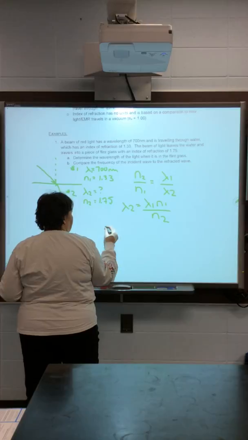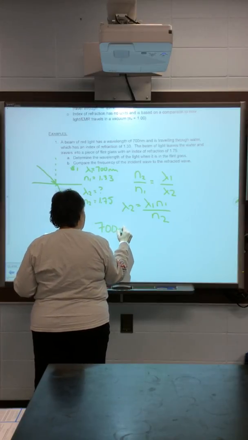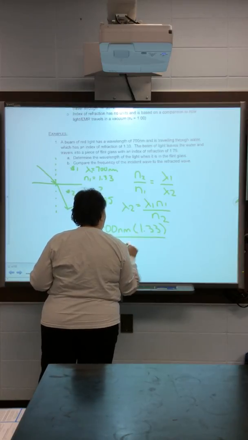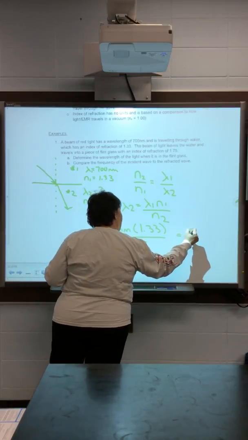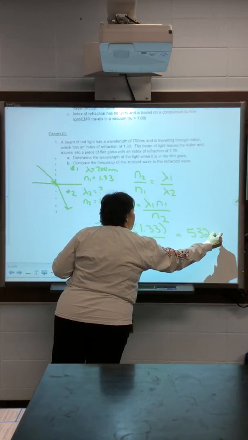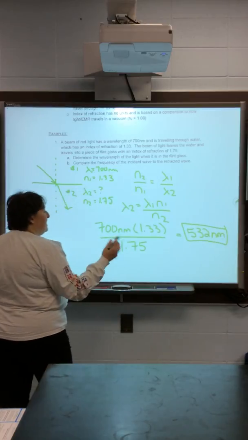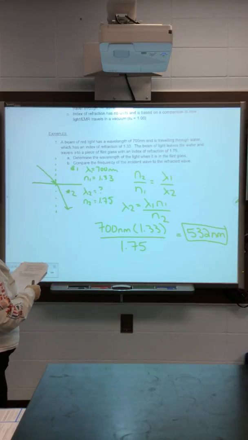That gives us 700 nanometers times 1.33 divided by 1.75, giving us a value of 532 nanometers. We can leave it in nanometers because it's a ratio, so we don't need to change it to meters.